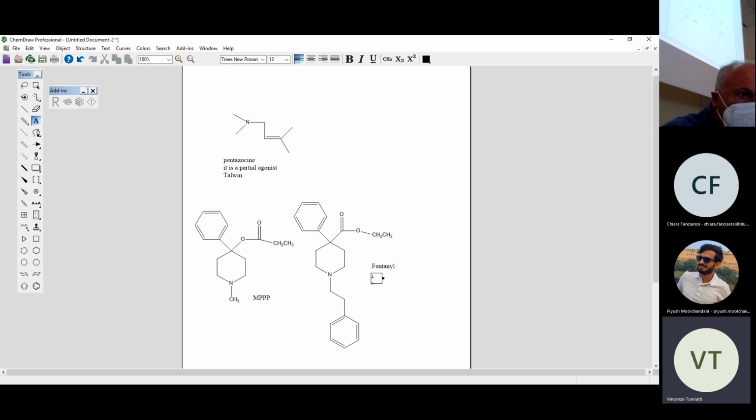The name derives from phenyl ethyl, a fusion of the two. And fentanyl is 100 times more potent than morphine.